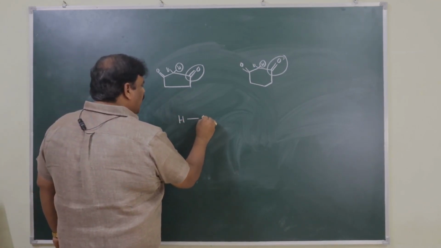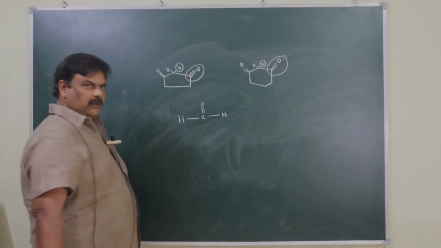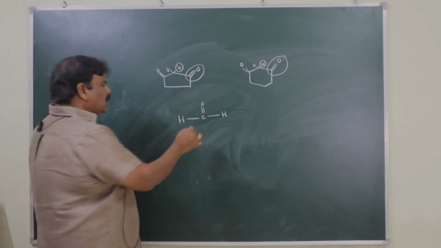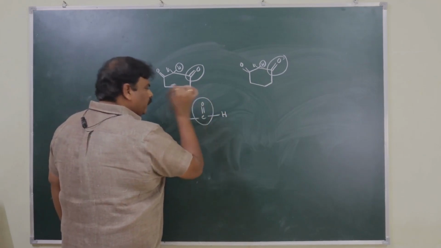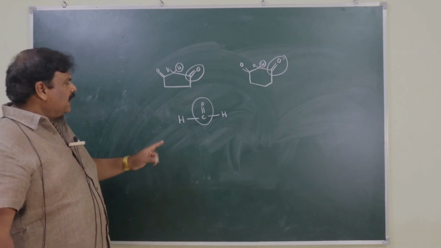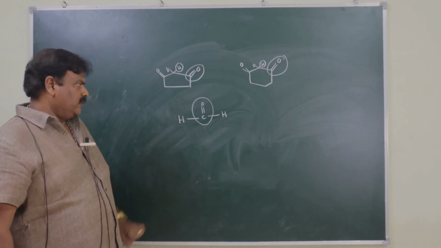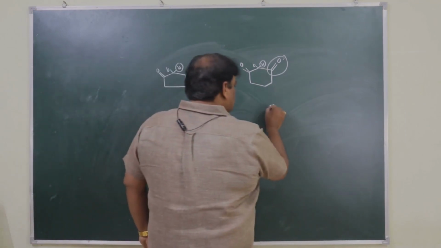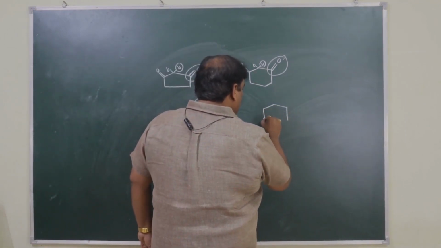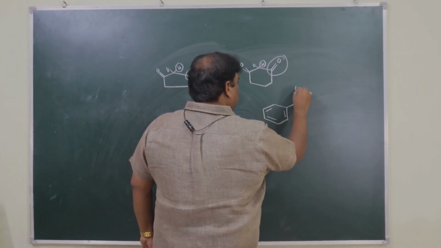But this is formaldehyde. It does not have tautomers. Though it has a polar group, it does not have an alpha hydrogen. That is why it does not exhibit tautomerism. Similarly, this is benzophenone.